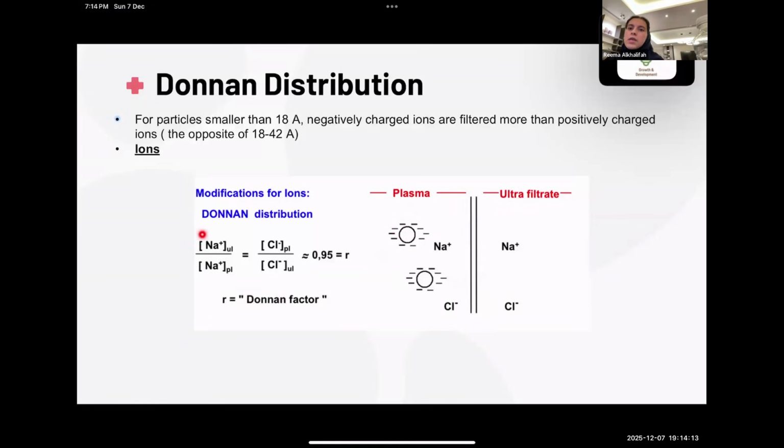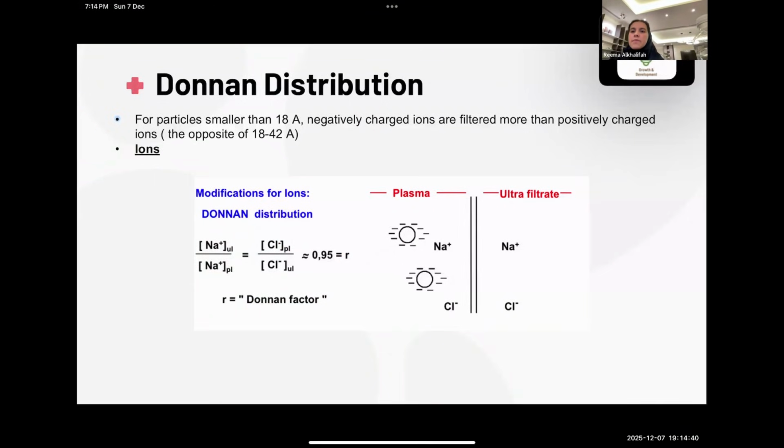And so here's a simple rule. So this is the sodium concentration in the ultrafiltrate over the plasma. In the ultrafiltrate, it's slightly less than the plasma. It's 95%. Same thing for chloride. It's negatively charged, so more is going into the ultrafiltrate, and R is just a coefficient to help you understand the application of the Donnan distribution.